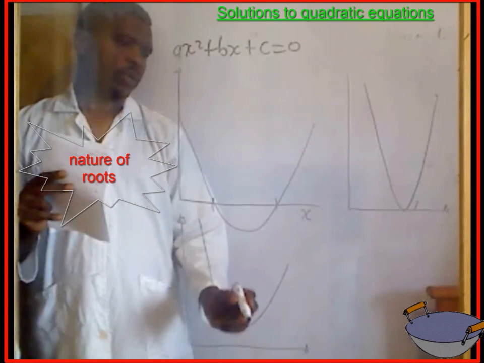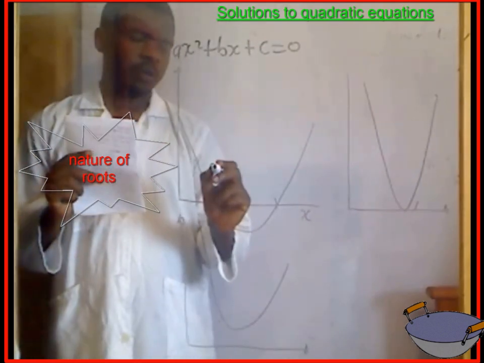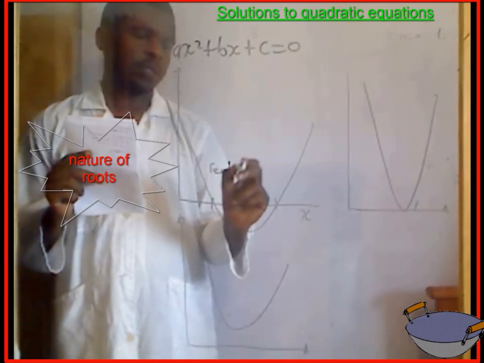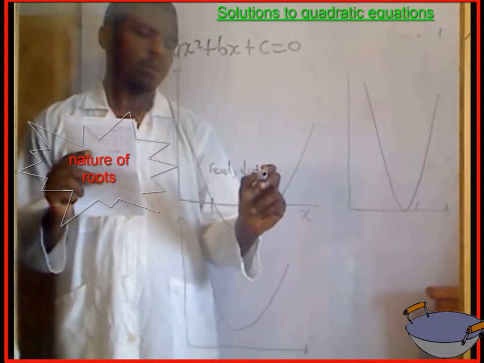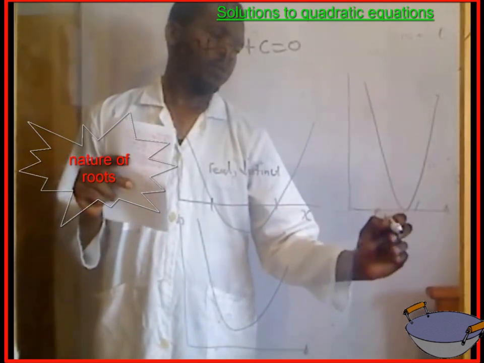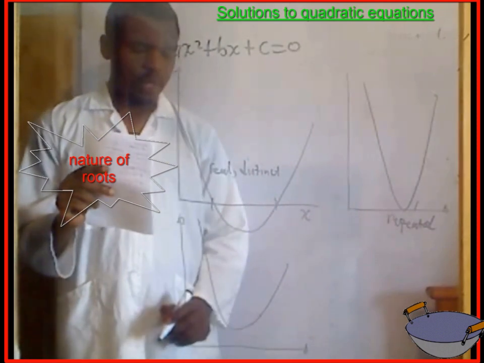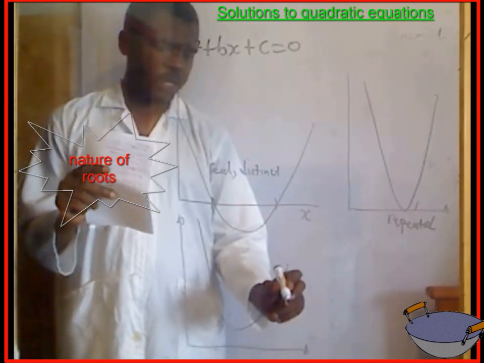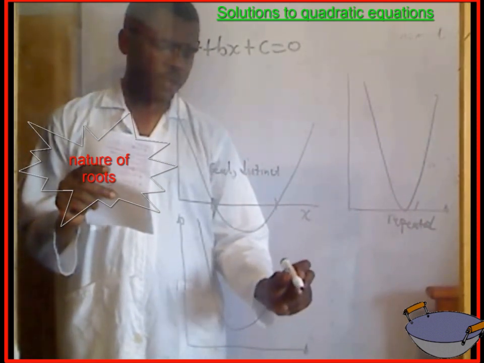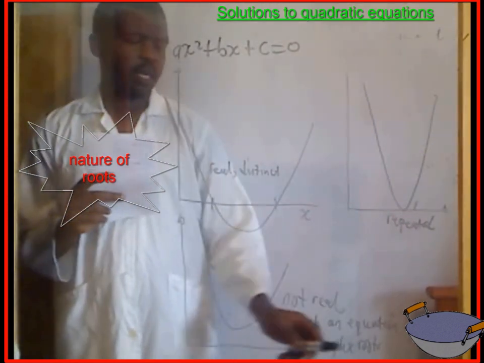In that case, we talk of imaginary roots. So the roots here are real and distinct. Here we have repeated roots. Here, no real roots, not real. Such an equation has complex roots.